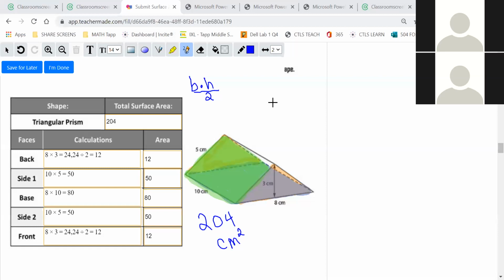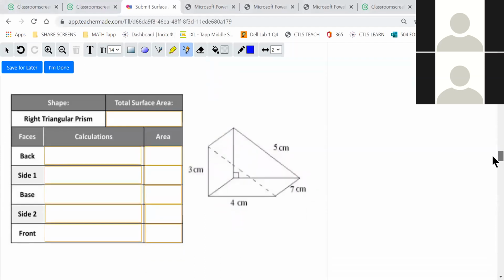All right, so I'm going to clear and we're going to go to the next one. This right triangular prism, I believe I did this one with you, but let's do it again just in case someone missed it. It's asking us to start with the back, so I'm going to do that.